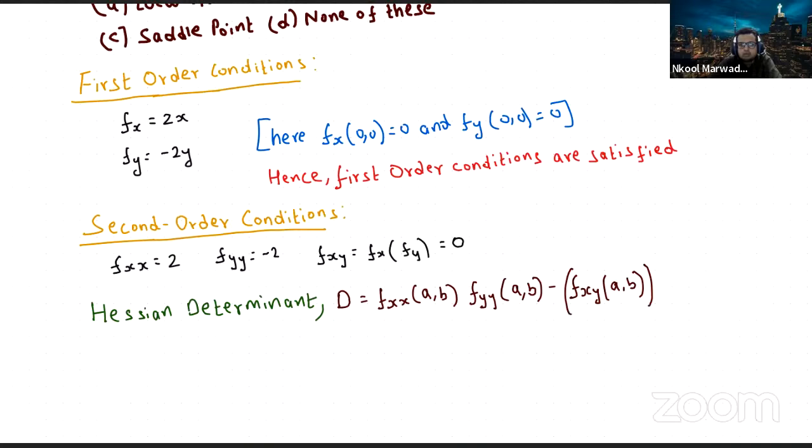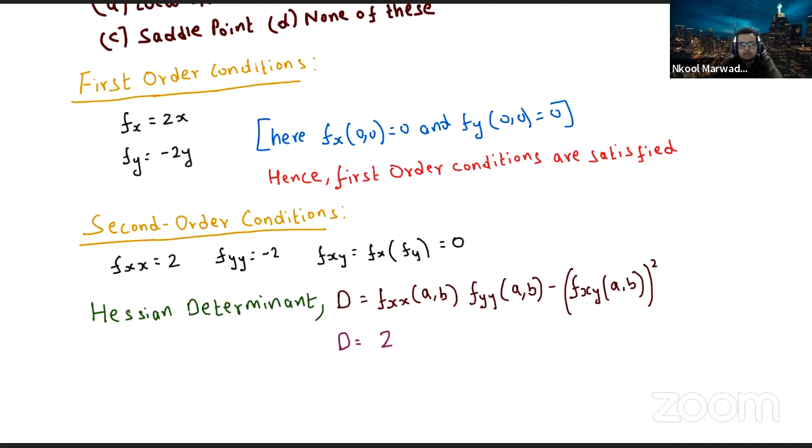Isn't it? Now if we substitute it, we will get D is equal to 2 only, because it's a constant function, so it depends neither on x nor y. So f of xx at 0, 0.